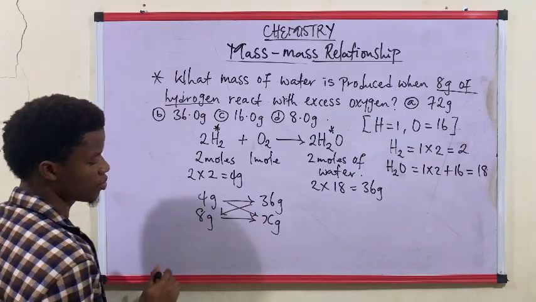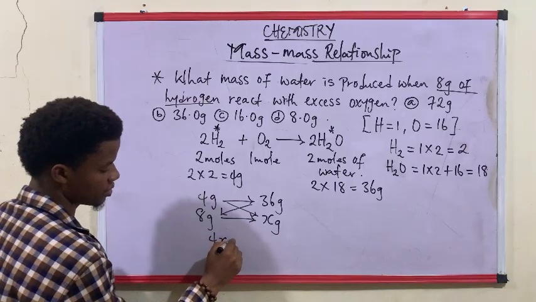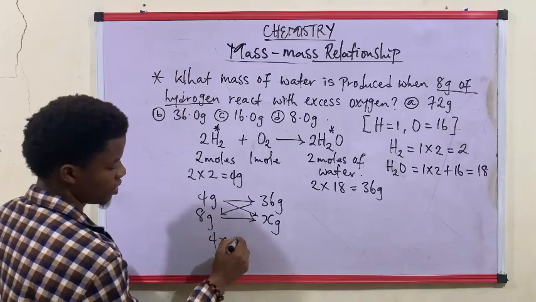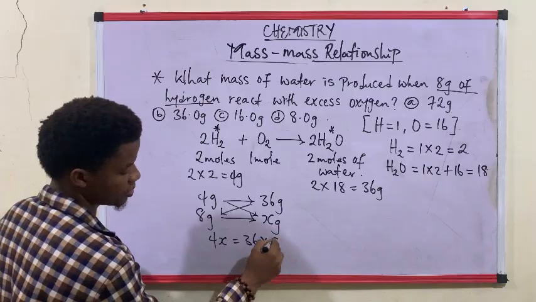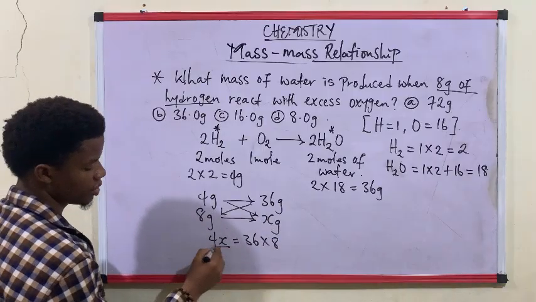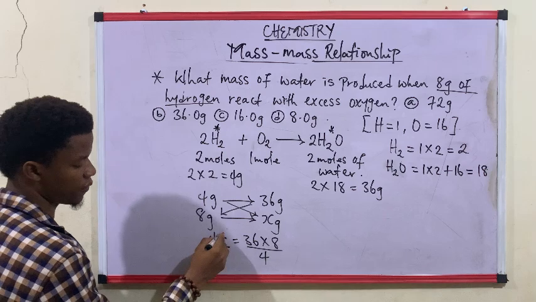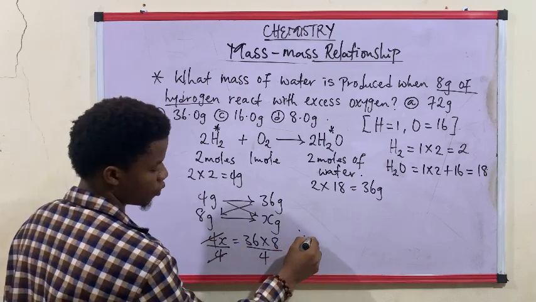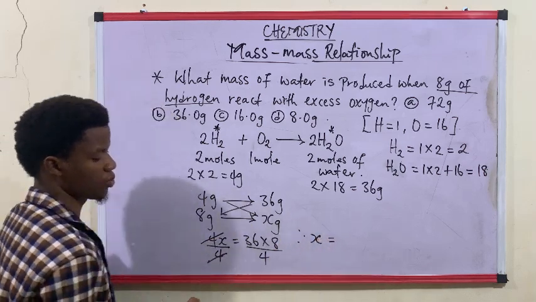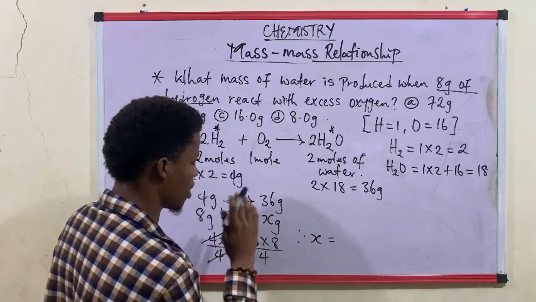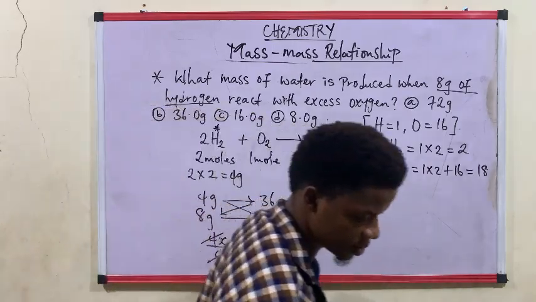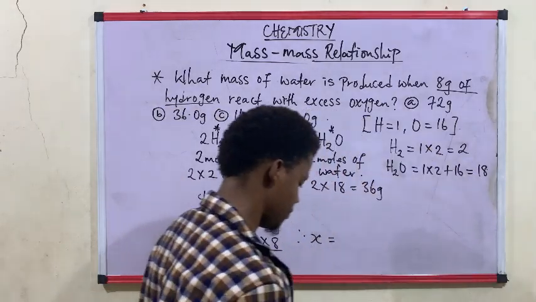So 4 times x is 4x, which is equal to 36 times 8. So at this point, what do we do? Divide both sides by 4. So 4 cancels out 4. Therefore, x is equal to, now if you put this in your calculator, this is what we are going to get as our final answer.